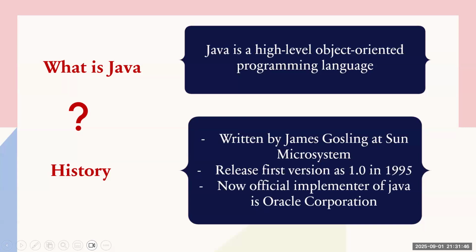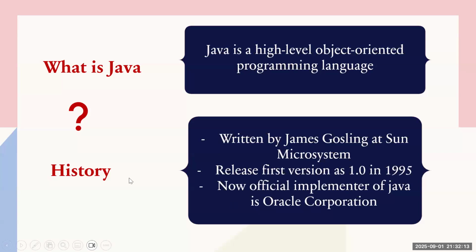Who is releasing Java's new versions? Oracle Corporation is releasing Java's new versions. Whichever versions are coming into the market are coming from Oracle Corporation. So Java is the official language of Oracle Corporation. They have the copyright.